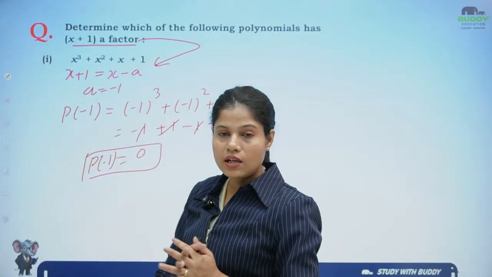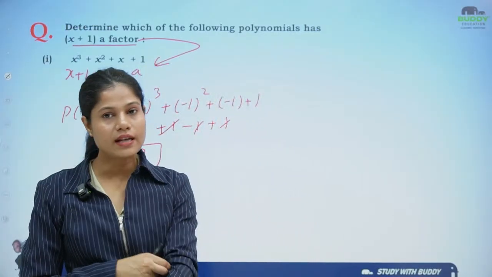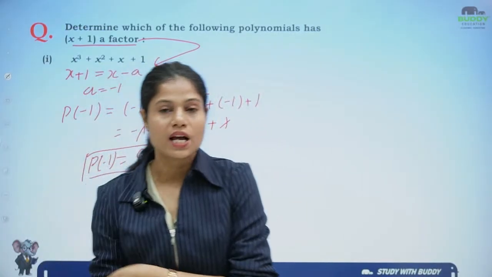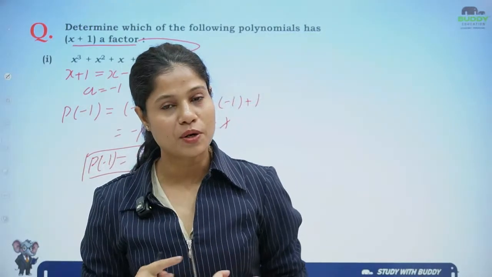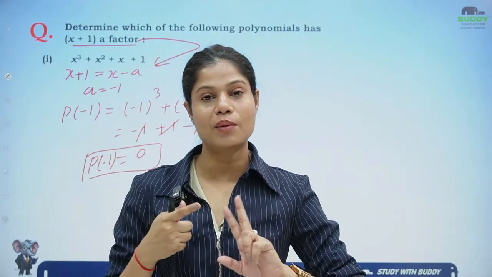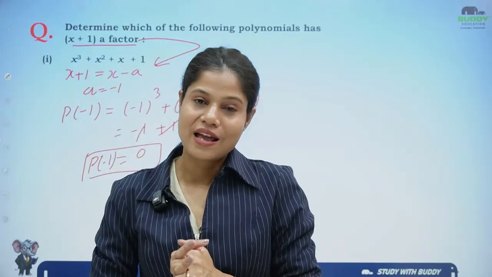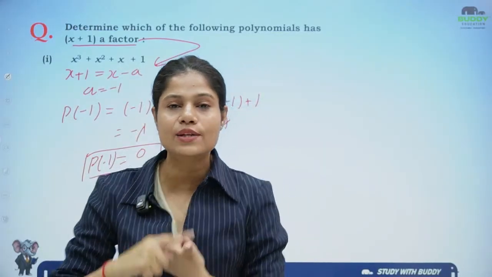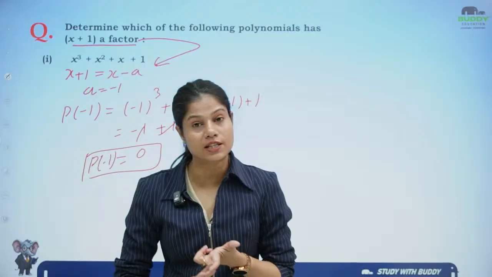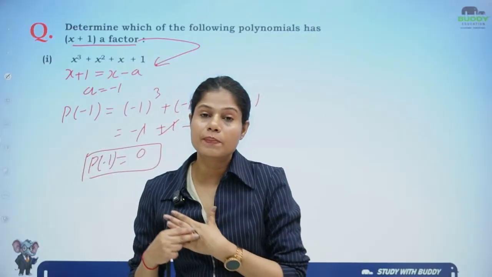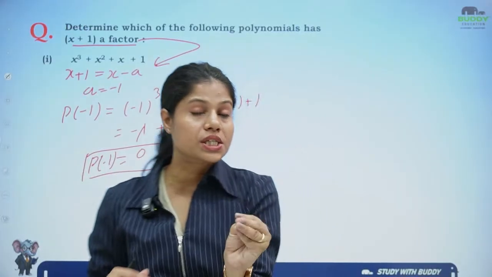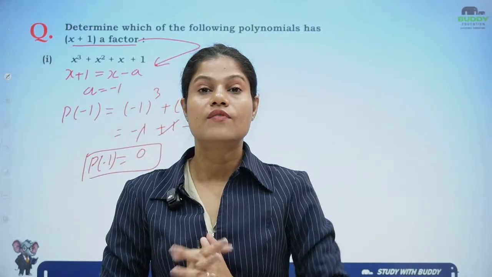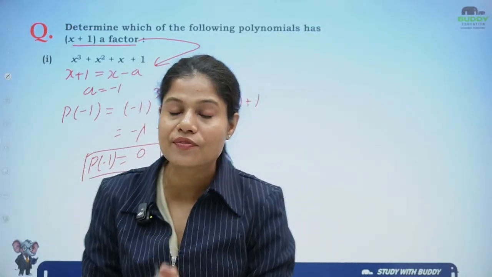So that is enough for today. This is where we are stopping. Today we have understood polynomials, types of polynomials, and we have also discussed value, zeros, remainder and factor theorem. After this, we'll be going for the most crucial part of this chapter, which is identities and factorization.